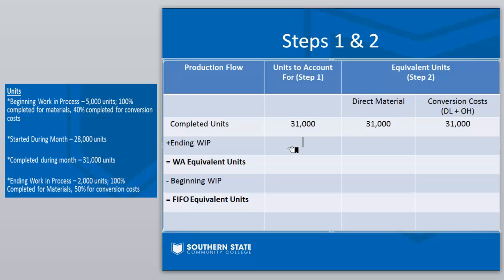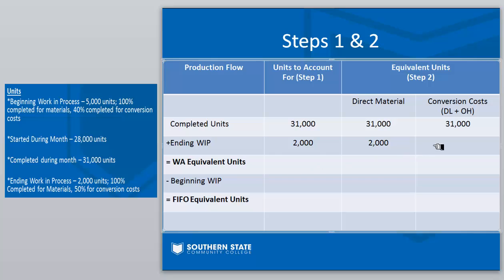We're going to add to that our ending work in process. Ending work in process, 2,000 units were 100% completed for materials, meaning they put the materials in at the beginning. So 2,000 to account for. That's 2,000 direct materials that was finished. And then it says 50% for conversion cost.